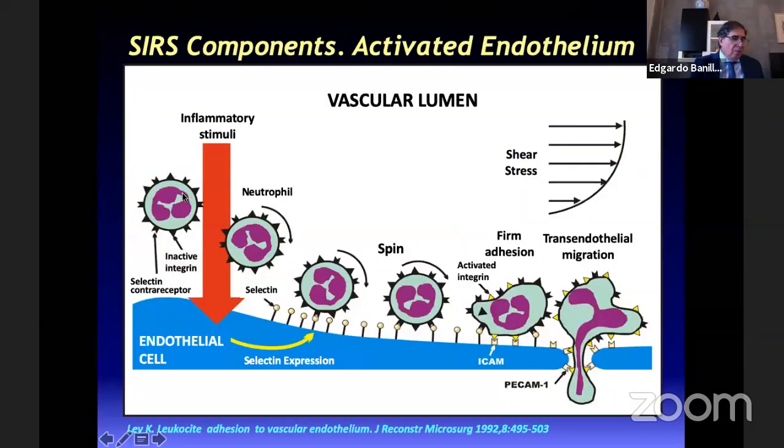On the left, we can see the inactive endothelium. When there is an inflammatory stimulus, the endothelium is activated and leukocytes are caught and introduced into the tissue, stimulating macrophages that release inflammatory mediators like cytokines and interleukins.